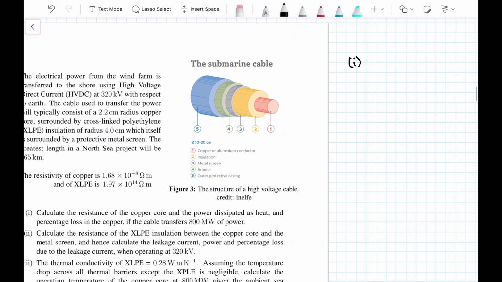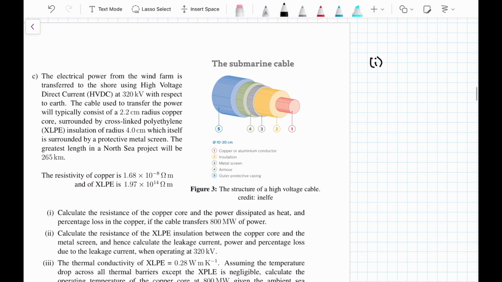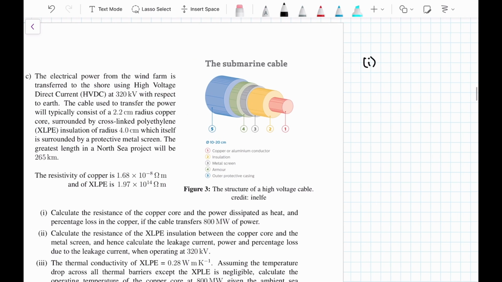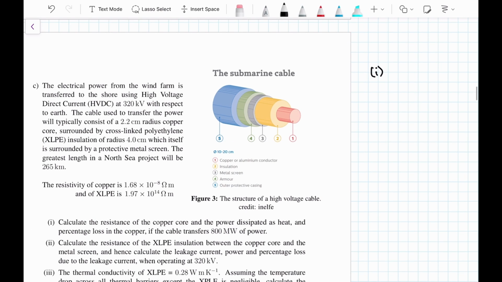So let's see, part 1. First of all, calculate the resistance of the copper core. The resistivity is given as 1.68 times 10 to the minus 8, and then the length is given, and also the area.